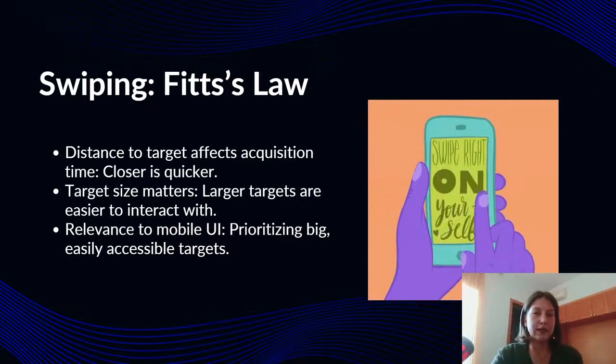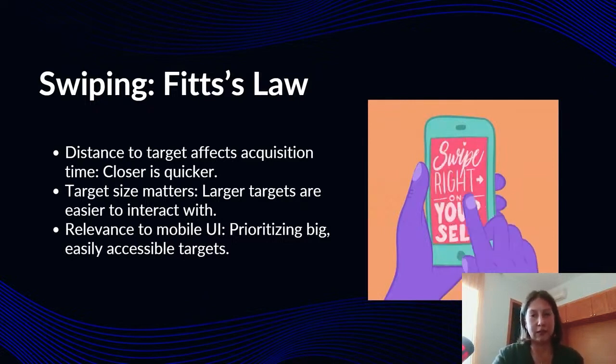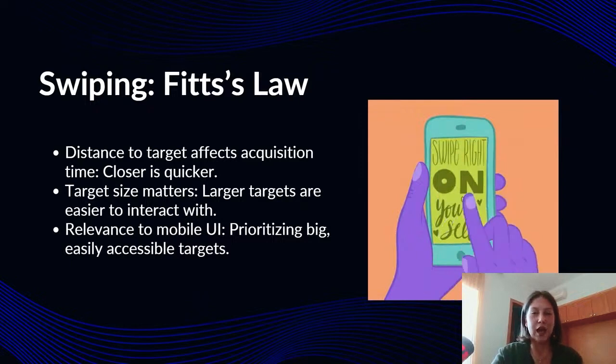The further the target is, the lower the chance that the person will actually swipe to it. And the larger the target is, the more opportunities there are that the user will swipe to it.